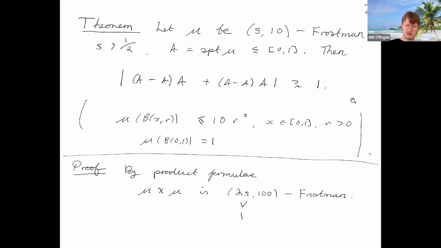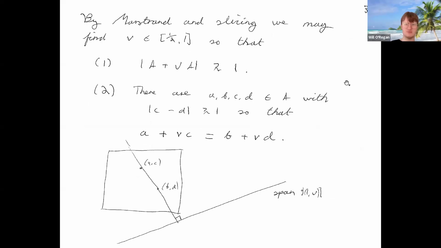What you can do here is apply Marstrand's projection theorem first, which shows that for a typical projection to a line, the dimension is preserved. Because 2s is bigger than 1, you can't have dimension 2s on the line.